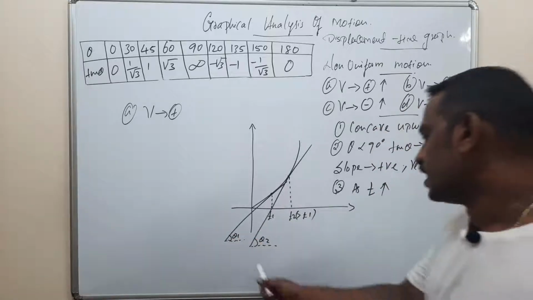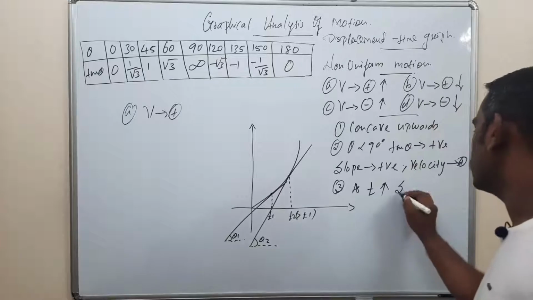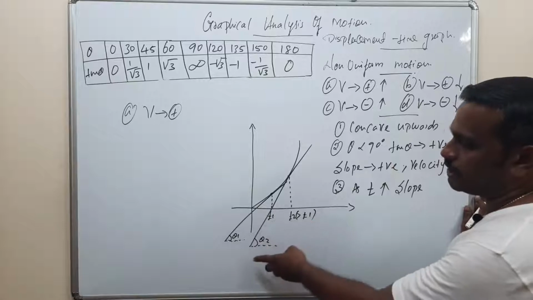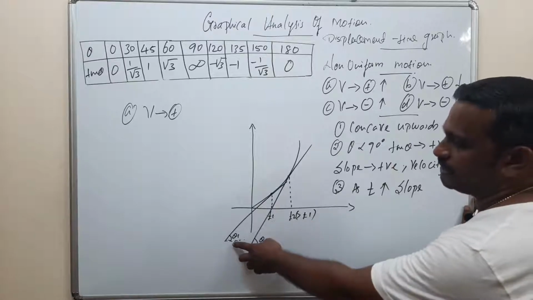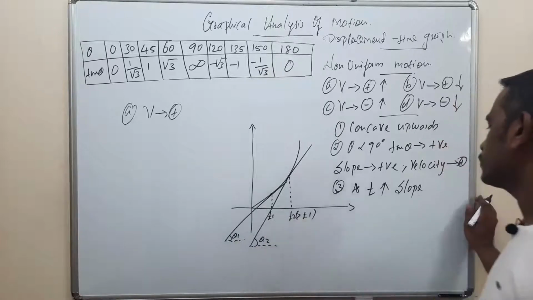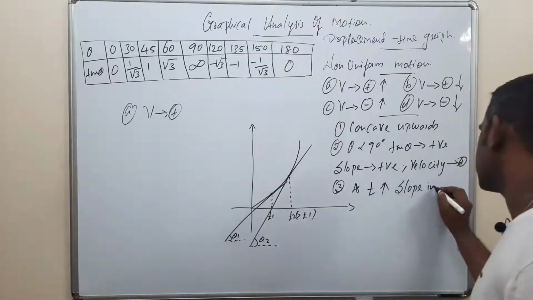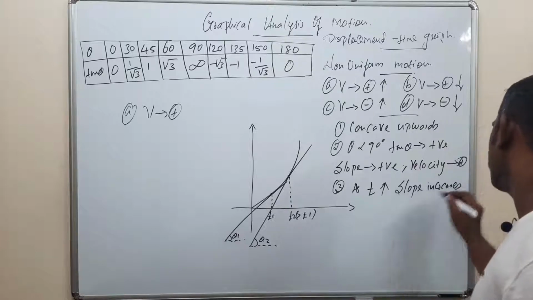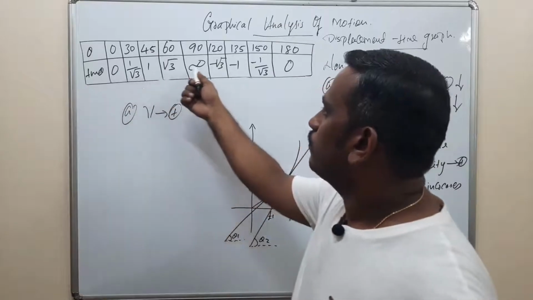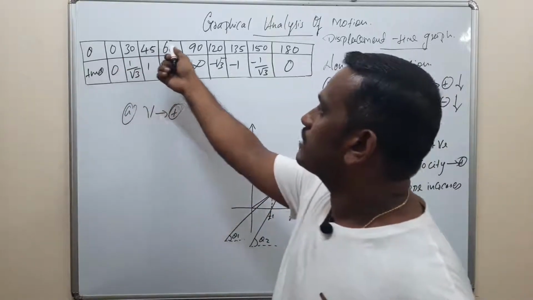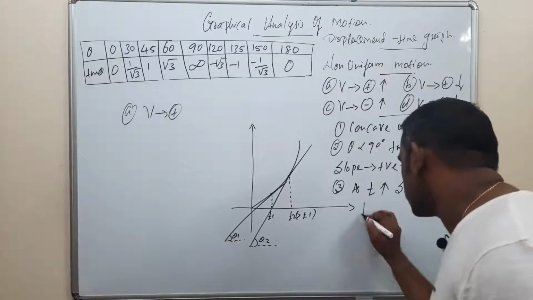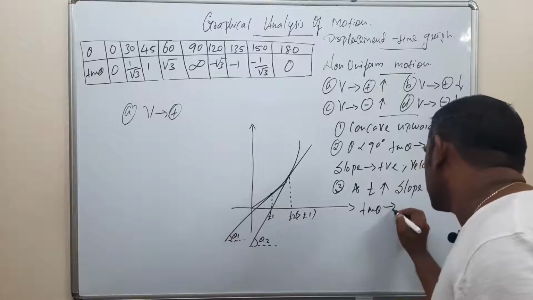So as time increases, slope increases. In the positive side, as the angle value increases, tan theta value also increases.